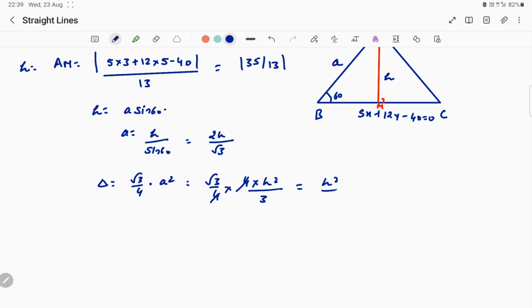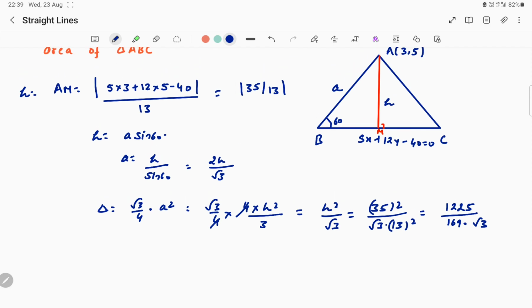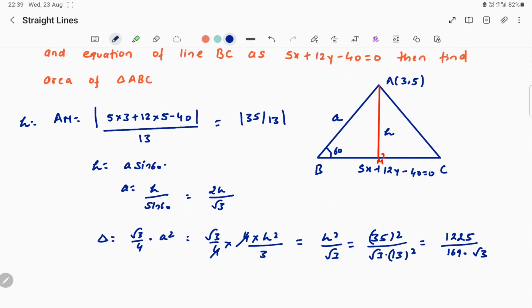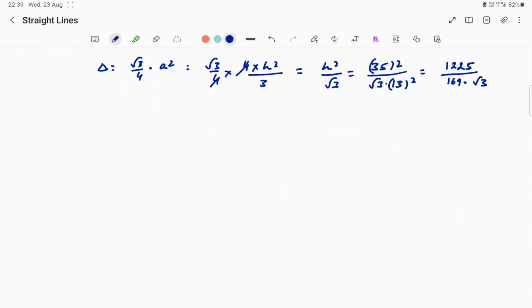We got H square by root 3, which is 35 square by root 3 into 13 square. 35 square is 1225, and this is 169 into root 3, in centimeter square or unit square. Is it okay? Or you can also use half into base into height. Height you already got, A you already got, from there you can evaluate it. Okay.